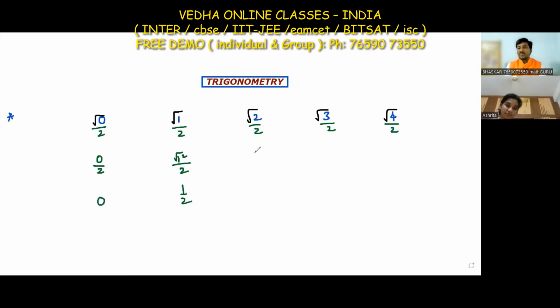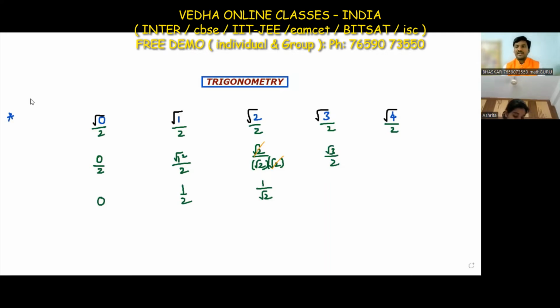Okay, and root 2 by 2. 2 we can write as root 2 whole square, or root 2 into root 2. So we can cancel one root 2 with one root 2, and we get 1 divided by root 2 here. There is no change in root 3 by 2. I am writing it as is.